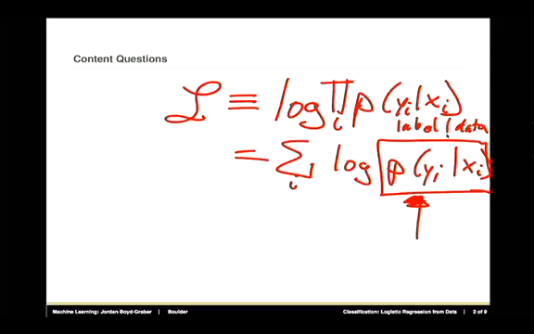And what we want is good predictions of this given this. This is mediated by our weights beta that tell us how to go from this to this. So we want to find the betas that do the best job of telling us what y's we have given our x's. So does that answer your question?